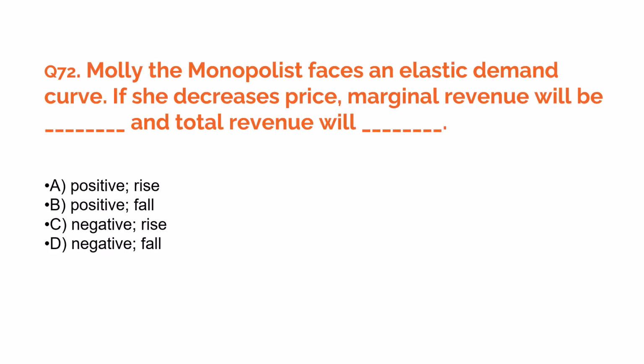Molly the monopolist faces an elastic demand curve. If she decreases price, the marginal revenue will be positive and total revenue will rise. Let's see how. When demand is elastic, the elasticity of demand is greater than 1. That is, the percentage change in quantity demanded is greater than the percentage change in price.